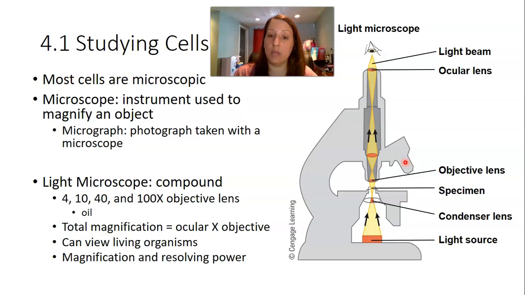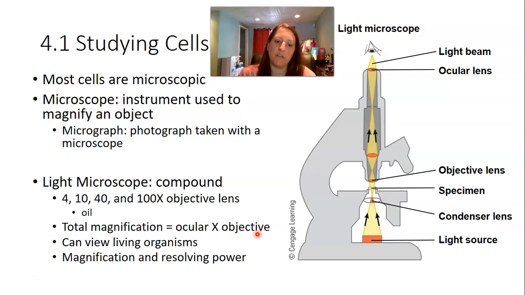Okay, so you can calculate the total magnification that you're using on the microscope, and you did this back in week 2 in lab, by taking the magnification of the ocular lens, which is always 10x, and here's the formula right here, and magnifying that by whatever objective lens is in place. So for example, if you're using the 10x lens, you would do 10 times 10.